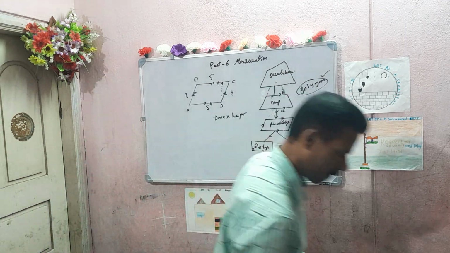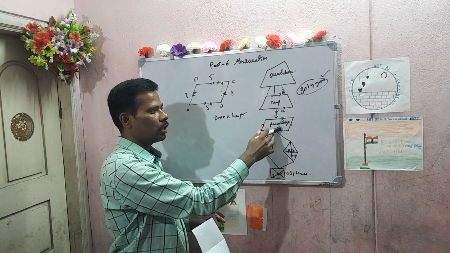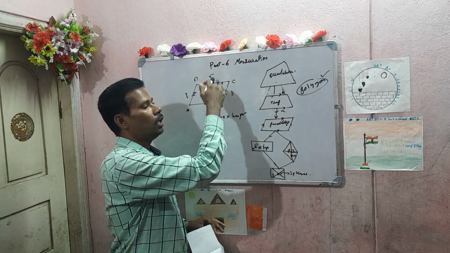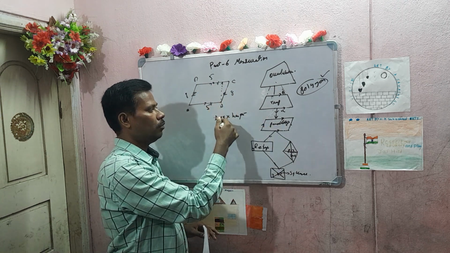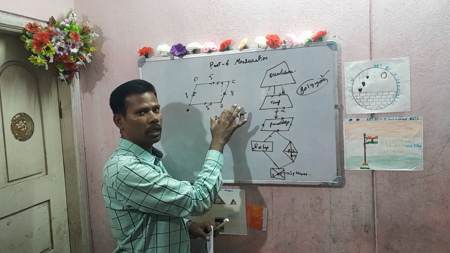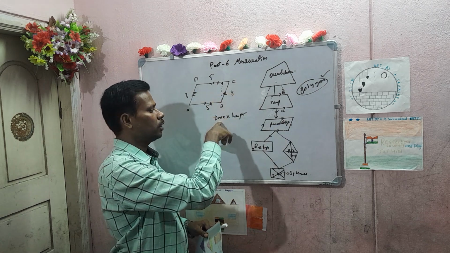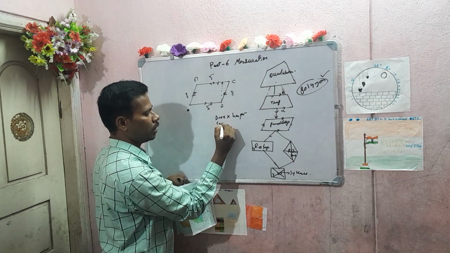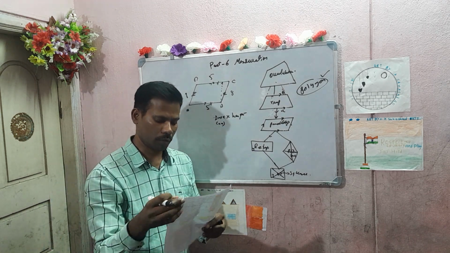A quadrilateral in which opposite sides are parallel and also equal is called a parallelogram. Any base, if you take this base, this will become the height. In bracket you can write any base into corresponding height, remember.